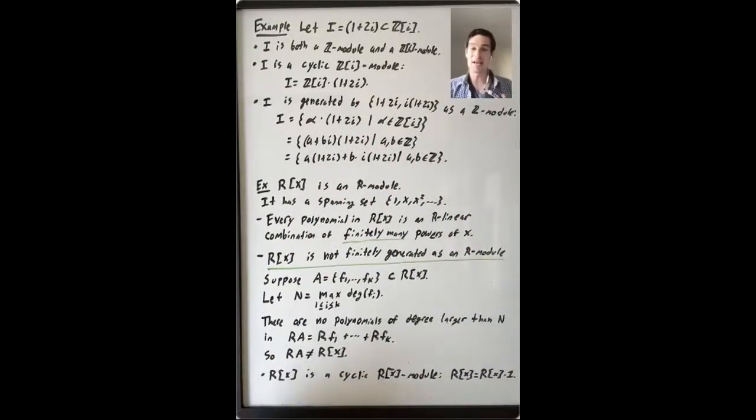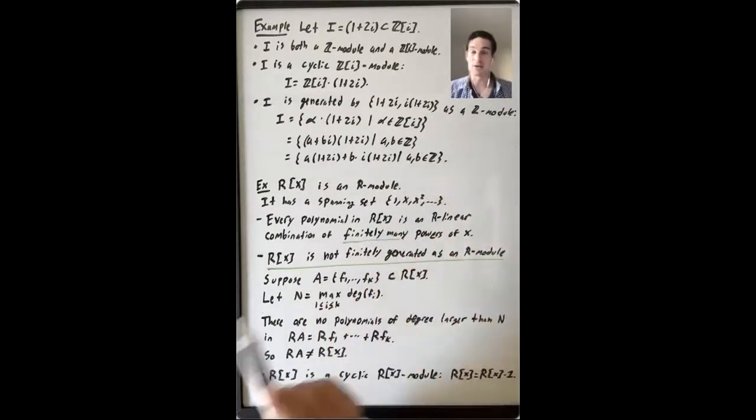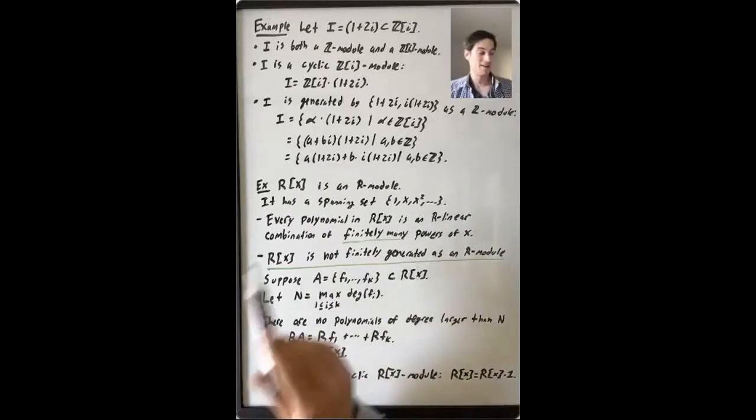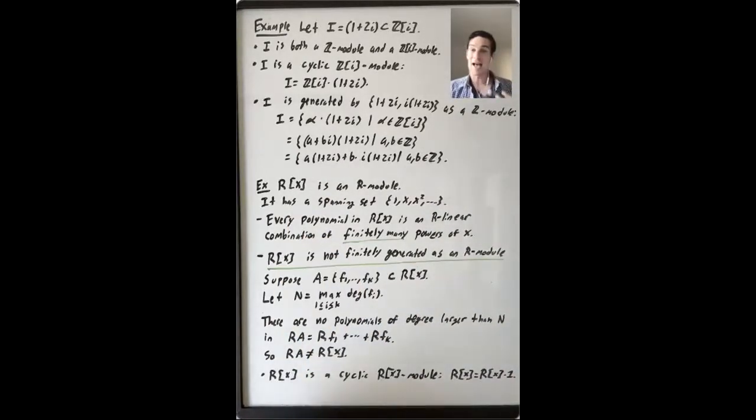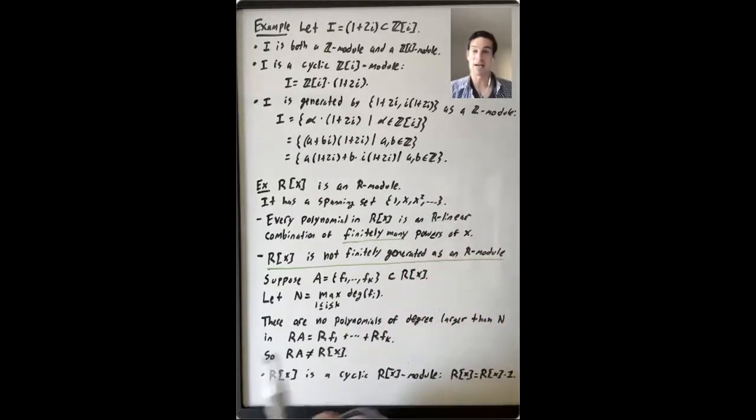Let's give one last example in this video. R adjoin X, the polynomial ring, is an R module. We know how the ring R acts on polynomials. And it has a spanning set, 1, x, x squared, x cubed, all the powers of x. It has this spanning set that is infinite.